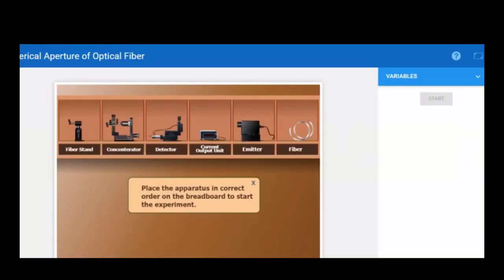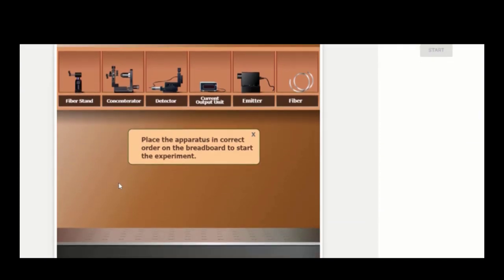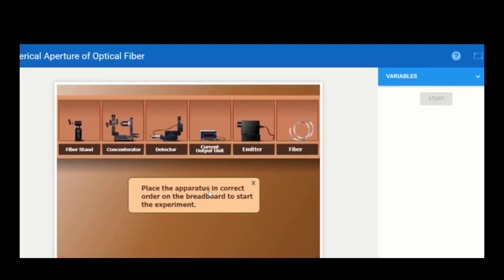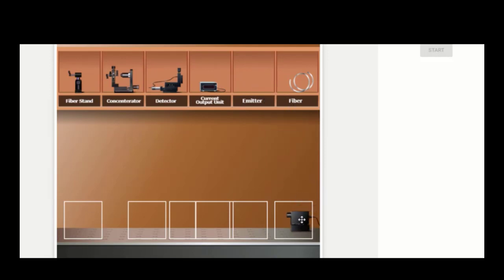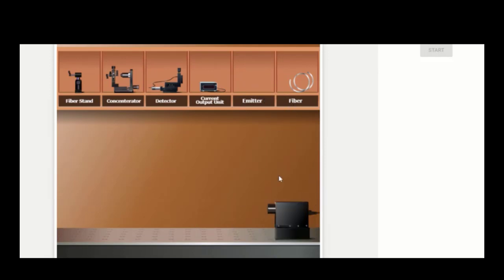So this is the experiment, and this is the simulation link where we perform this experiment, the numerical aperture of the optical fiber. You can see the operators there to perform the experiment. But before that, we have to place these operators on the breadboard. Firstly we need an emitter that emits laser light.